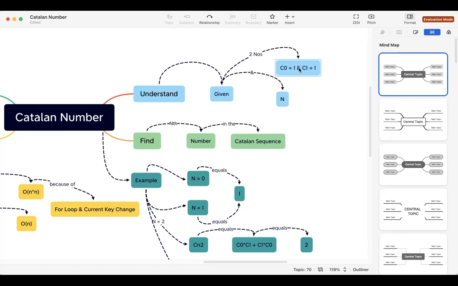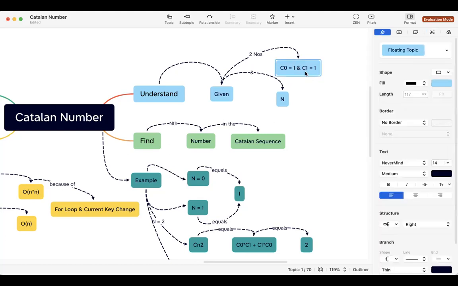These two are implicit values. Nobody will tell you that C0 and C1 are 1. You have to remember that in a Catalan sequence, the 0th term is always 1 and the first term is always 1.